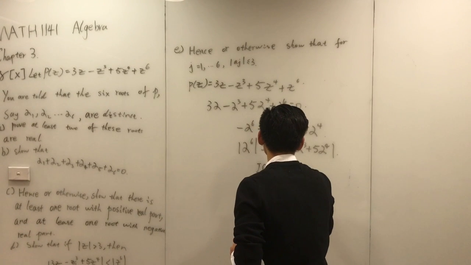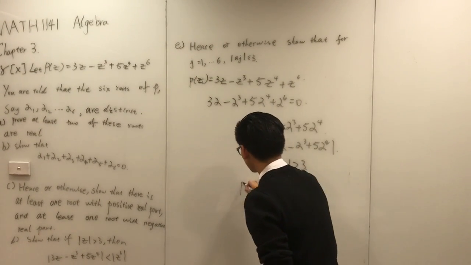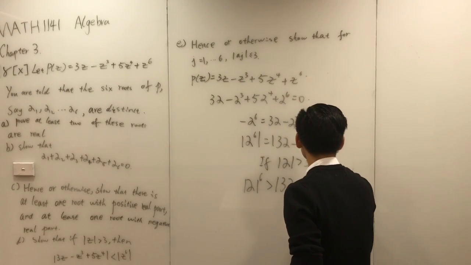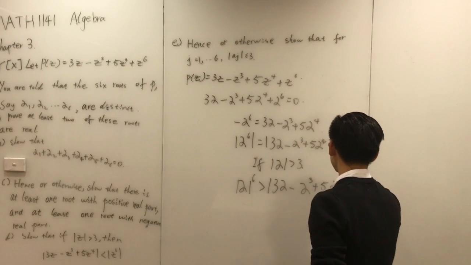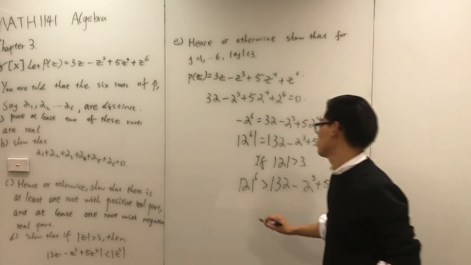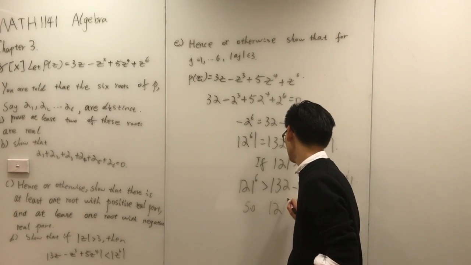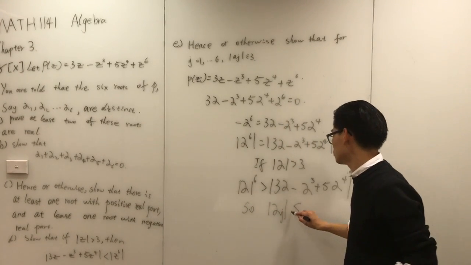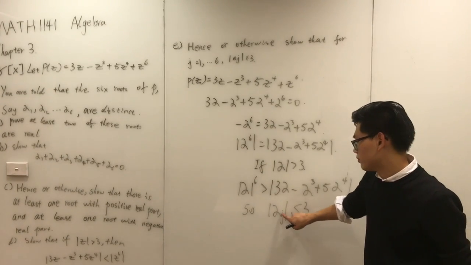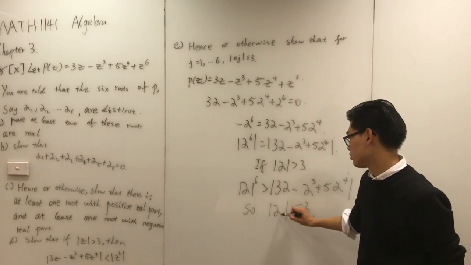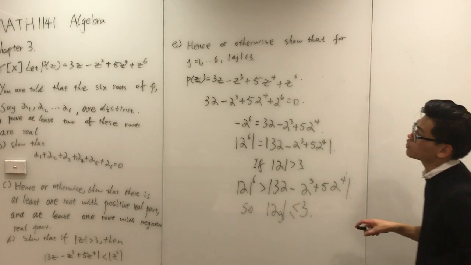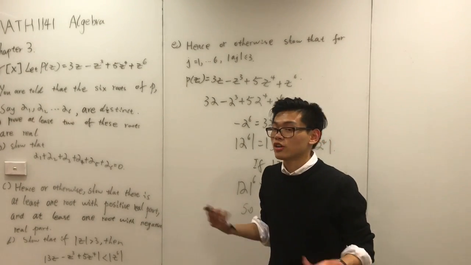If modulus alpha is bigger than 3, we would get |α|⁶ bigger than |3α − α³ + 5α⁴|. Right? So since alpha can't be bigger than 3, |αj| should be less than or equal to 3. Adding j just means every alpha. So every alpha should be less than or equal to 3. So we just finished the last part of the question.